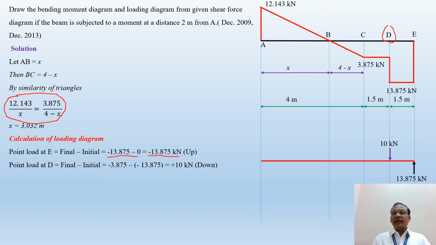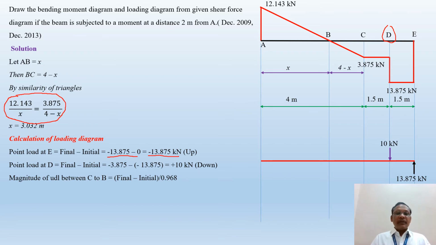Now you calculate the magnitude of the UDL between point A to C, but we don't know whether the straight lines between A, B, C have the same slope or not. So first of all, I'm going to calculate the magnitude of the UDL between B to C and then A to B. The magnitude of UDL between B to C is, again, you know that the change in shear force with respect to distance gives the magnitude of UDL.